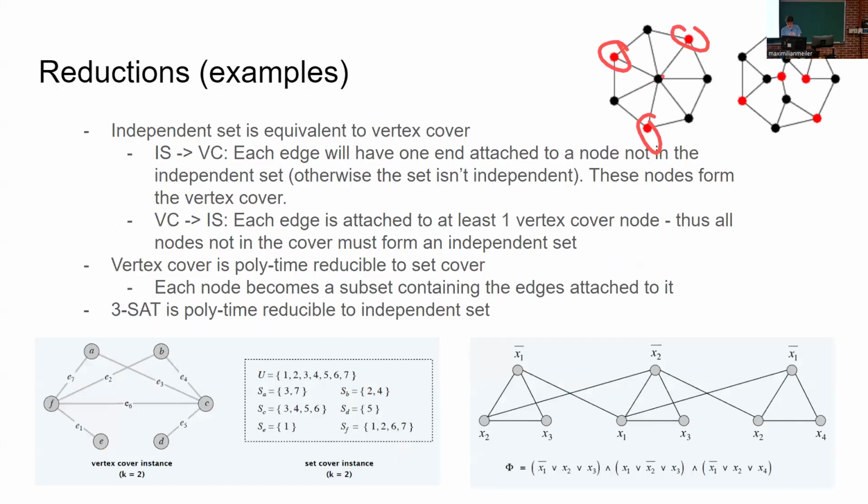Like these black nodes, right? There's no edge that is not connected to one of these black nodes. So essentially these black nodes cover every single edge of the graph. So they are a vertex cover.